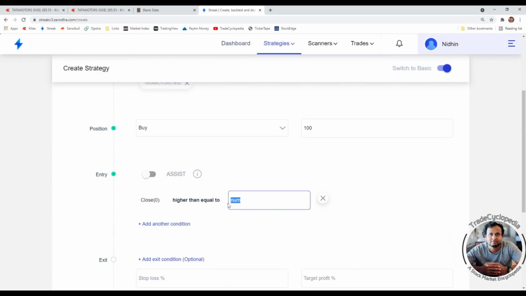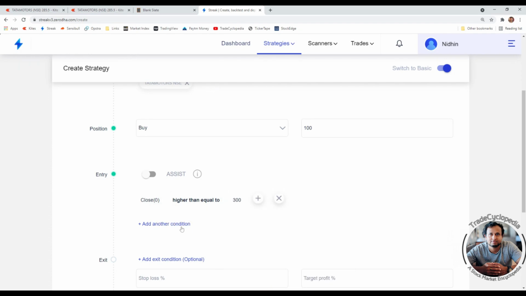Always keep in mind that some people select close higher than or equal to, and they directly type 300 here. That will not work. Instead, you need to select number, click on price and number, then specify that 300 here.